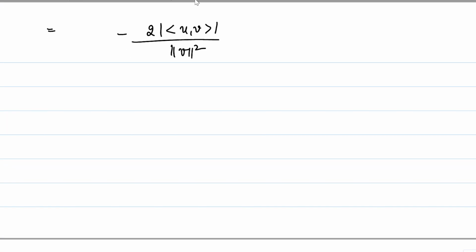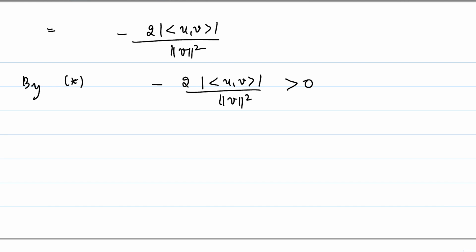By star, minus of 2 times the absolute value of u comma v by the length of v square should be greater than 0. We can safely multiply by length of v square, which is a positive quantity, and conclude that the absolute value of u comma v is less than... that should be greater than or equal to 0.